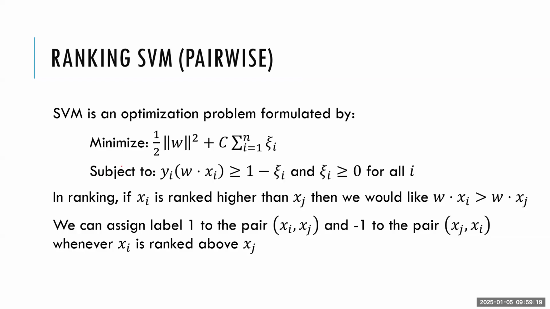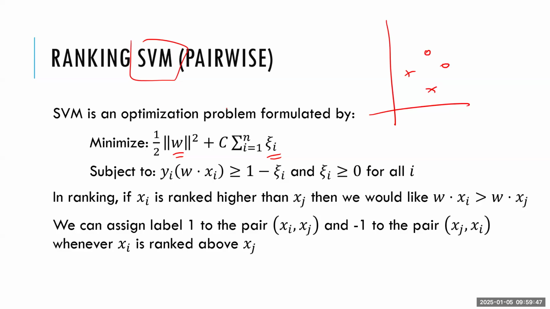It's going to minimize this weight, right? And this is the slack variable. So what it does is that you have the points that are in two classes. So basically SVM is for classification, right?